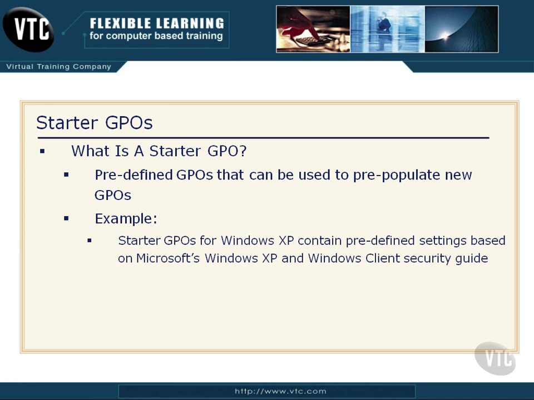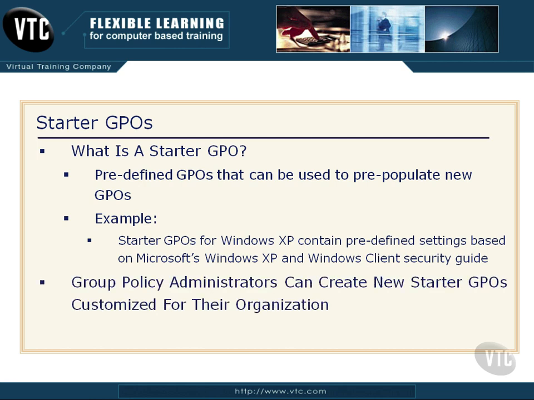The Starter GPOs that are included for Windows XP contain predefined settings based on Microsoft's Windows XP and Windows Client Security Guide. So if you're concerned about security, these Starter GPOs will get you very good base security settings in a GPO, and then you can tweak them based on the particular needs of your network, environment, users, all those sorts of things.